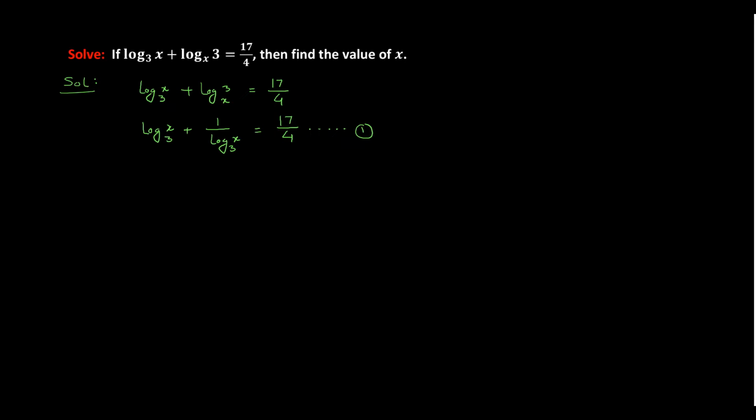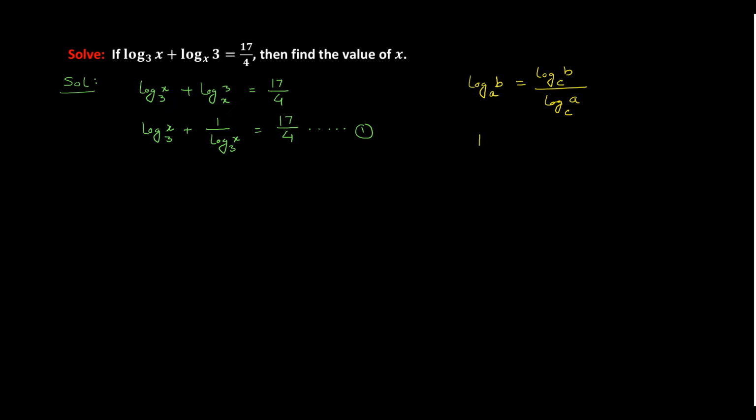How can we write this value into this? We know the formula: log A to the base B can also be written as log A to the base C divided by log B to the base C. So we are converting into some base.